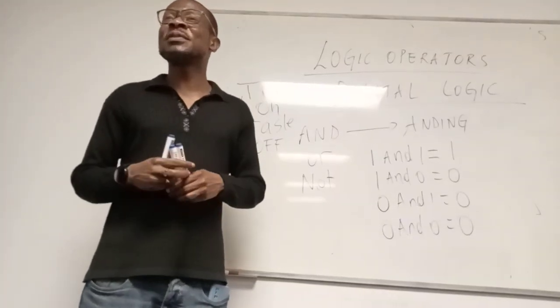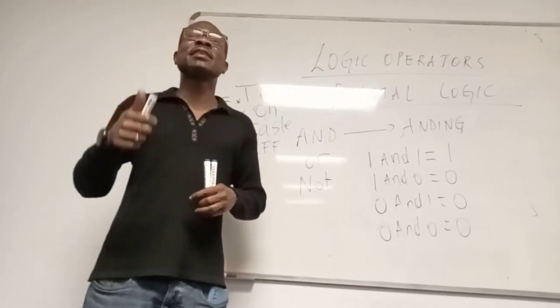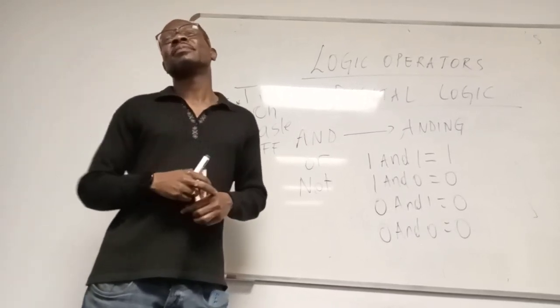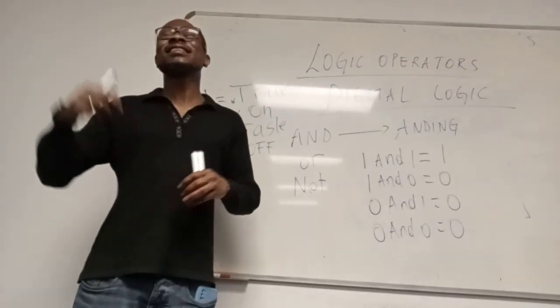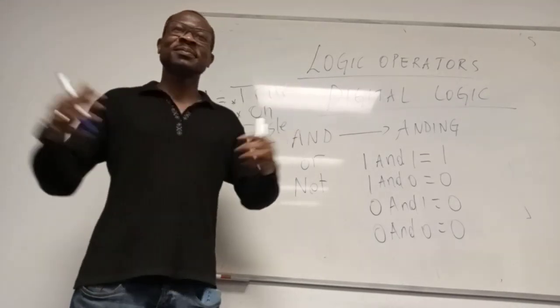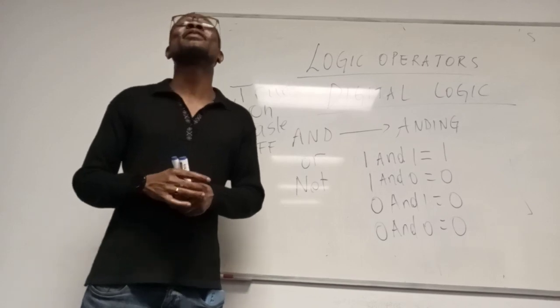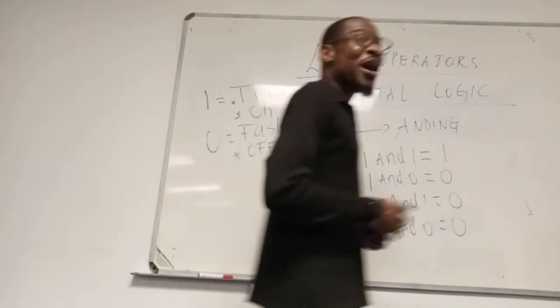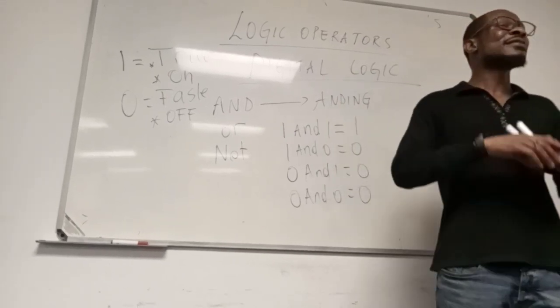For you just know true and true gives true. True and false is false. False and true is false. False and false is false. Finished. You understand? 1 and 1 is 1. 1 and 0 is 0, 0 and 1 is 0, 0 and 0 is 0.